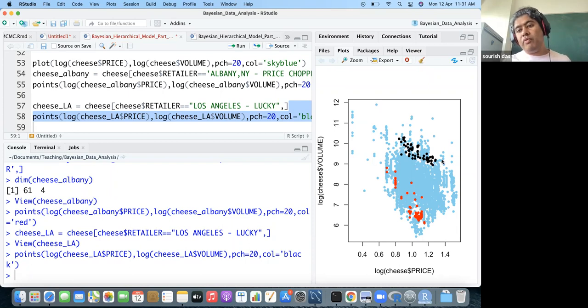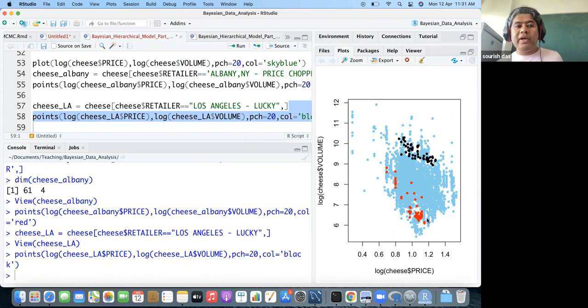So I have to fit a separate model for Albany and one for LA, Los Angeles. This is the motivation, but at the same time, we understand that they are part of a bigger picture.